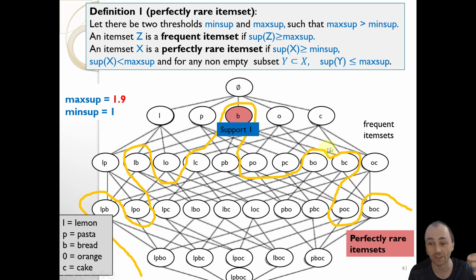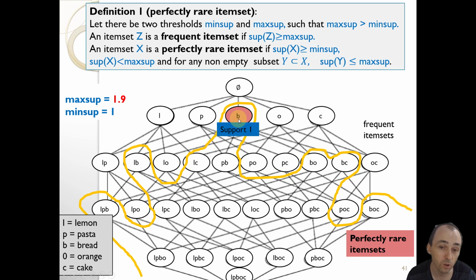All the item sets on top are frequent because the support is at least 1.9. Now, bread is a perfectly rare item set. Why? Because first, the support is 1, which is less than 1.9. So this is okay.